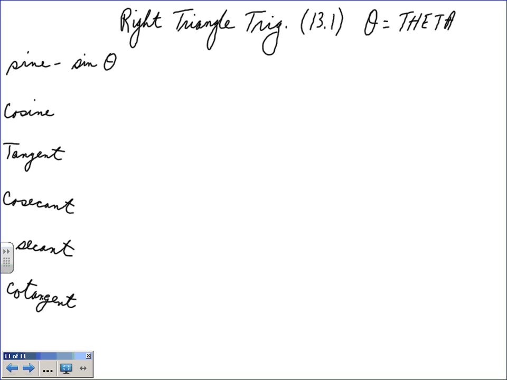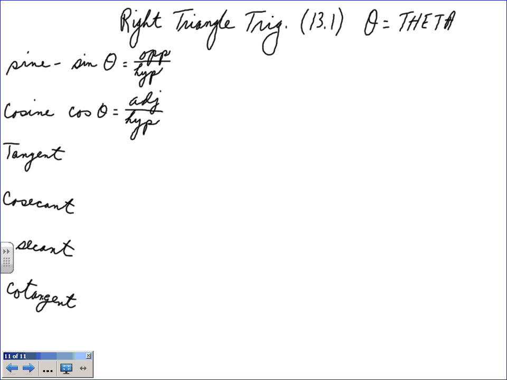Sine of theta in a right triangle is the opposite side over the hypotenuse. It's the definition of the sine of an angle. It's the measure of the opposite side over the hypotenuse. Cosine, which is abbreviated COS, of an angle, is equal to the adjacent side over the hypotenuse.